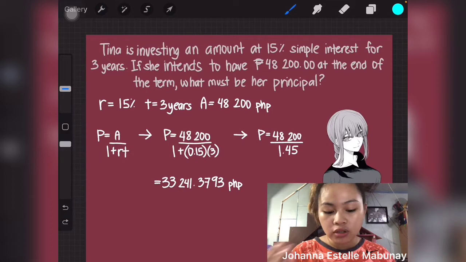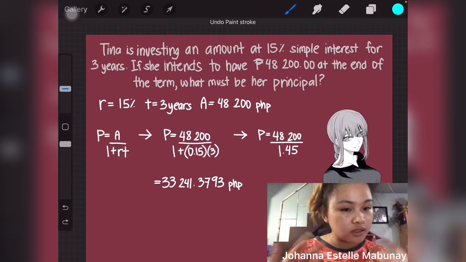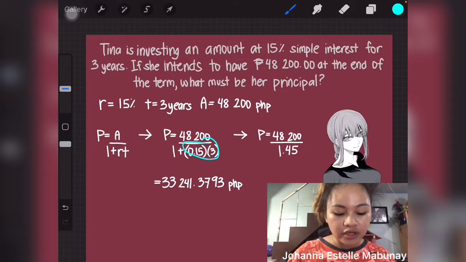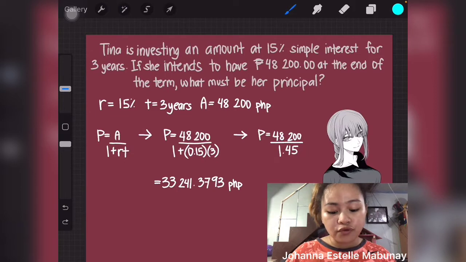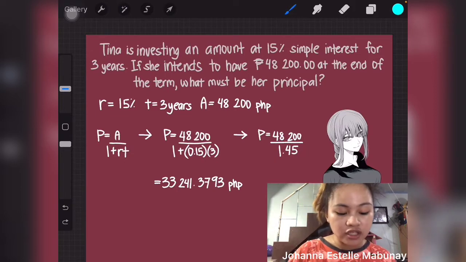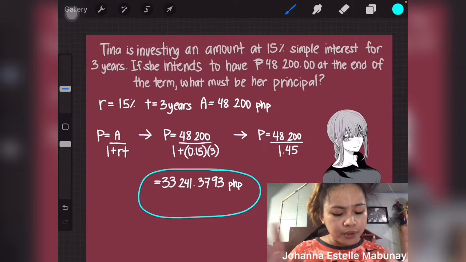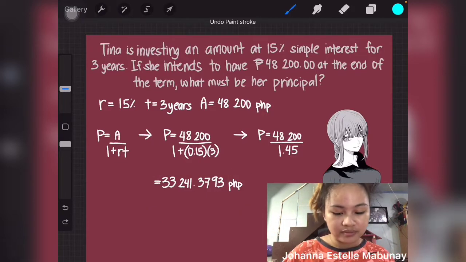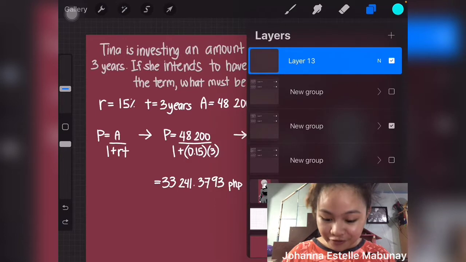So we're going to input all the given, and this is the one with the given. So we're going to multiply 0.15 and 3, and we're going to add 1. So the answer is 1.45. So 48,200 divided by 1.45 is equals to 33,241.3793 pesos.